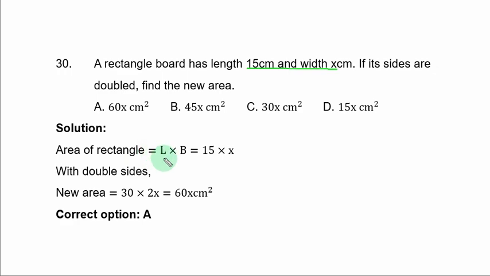Area of the rectangle is length times breadth, that is 15 times S. With doubled sides, if you double 15, that is 15 times 2, or 15 plus 15, you have 30. If you double S, you have 2S. If you multiply, you have 60S squared centimeters. A is the correct option.